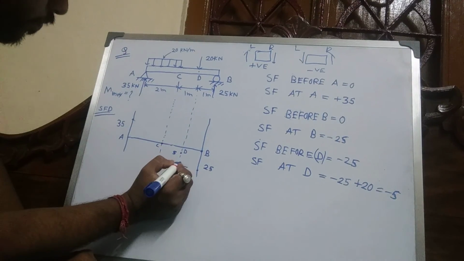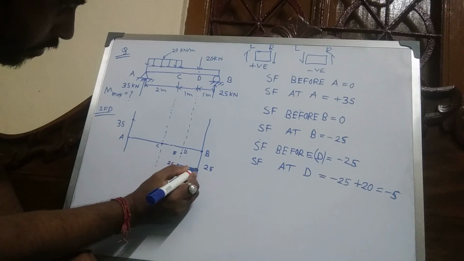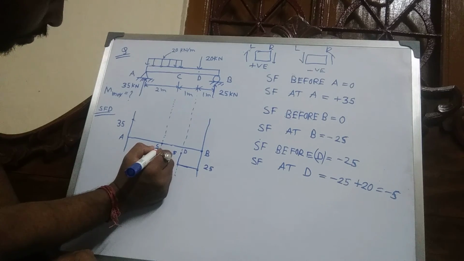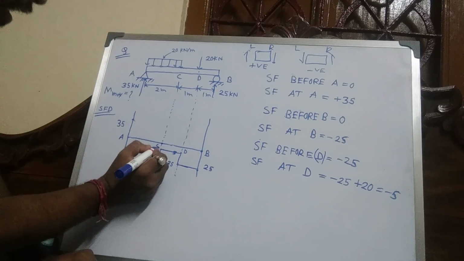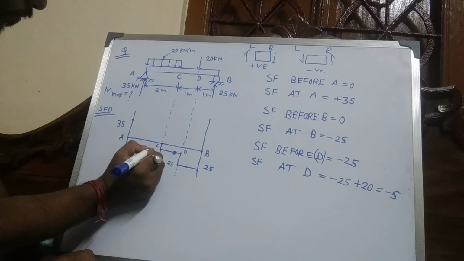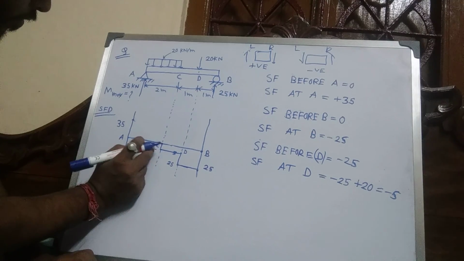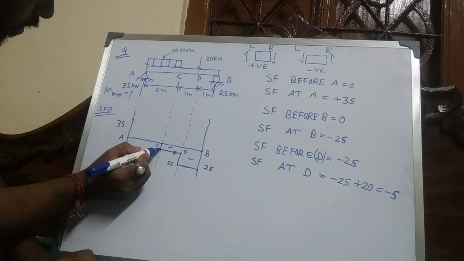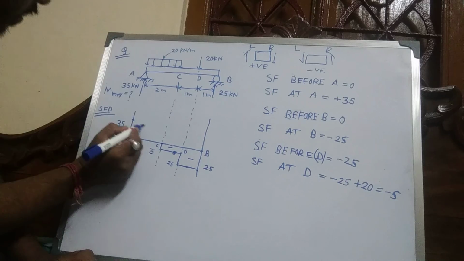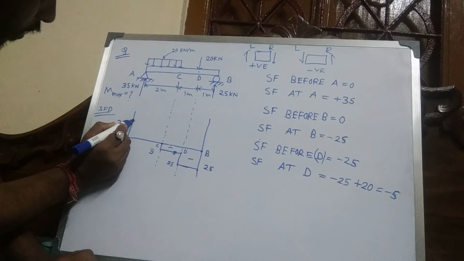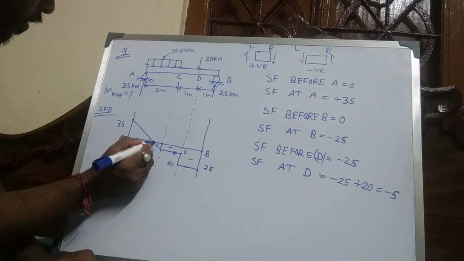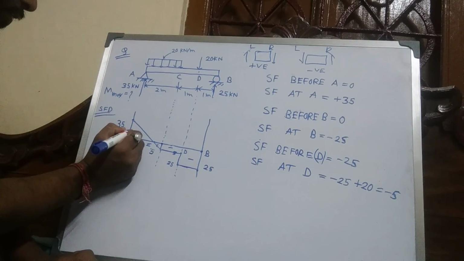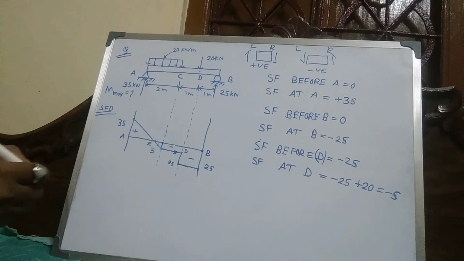So here there is no force, so this is constant, this is E, and shear force is constant, minus 5. Now join both of them. Suppose this is point E, this is the positive sign, this is the negative sign.